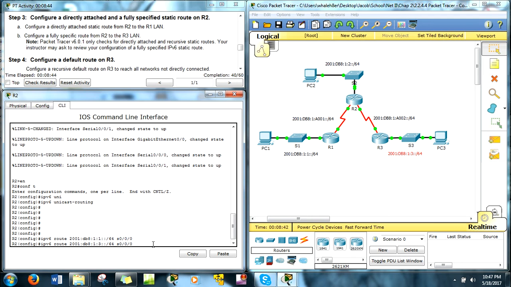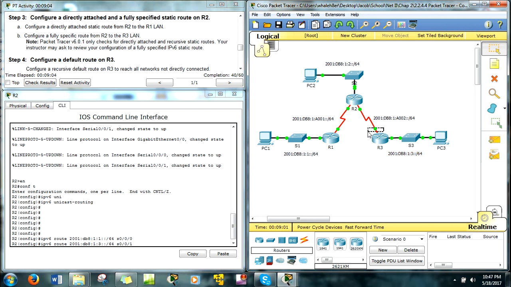That's the network we're trying to hit. /64. What exit interface? Not the 000. 1. And what is the next hop router we're trying to get to? Right down here. If R2 wants to get to this network, it's got to go through R3 to get there. So that's the interface it's going to shoot at right there.